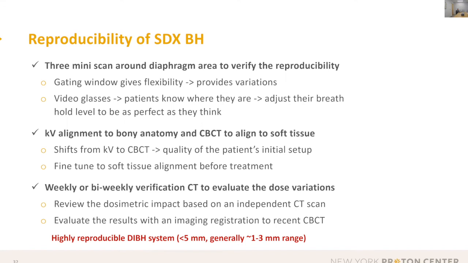And often if we are interested in the reproducibility of SDX itself, we can just register with the bony anatomy and really look at the anatomy changes. So often we see the reproducibility is within 5 millimeter, and we barely see more than that, and most of the cases are 1 to 3 millimeter.